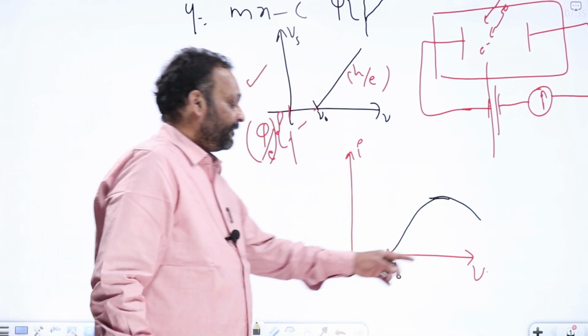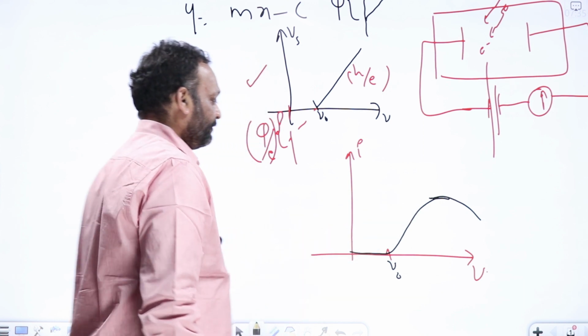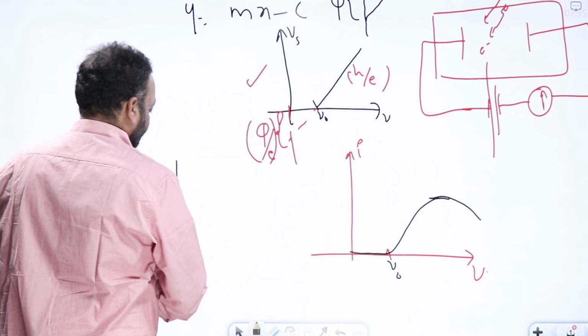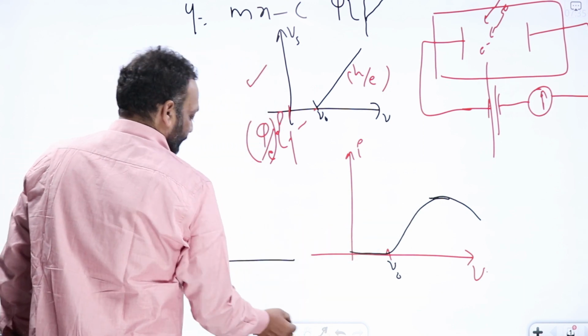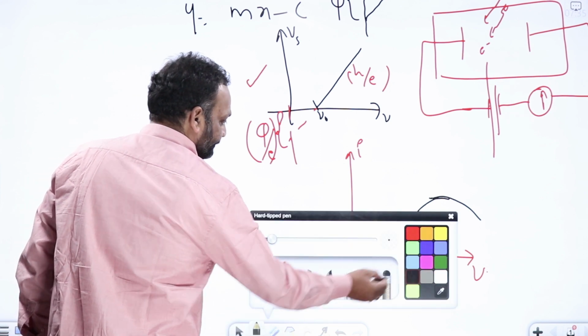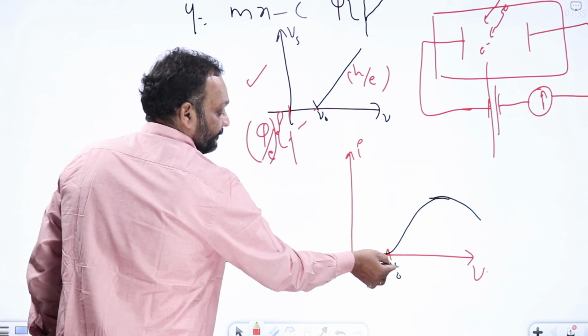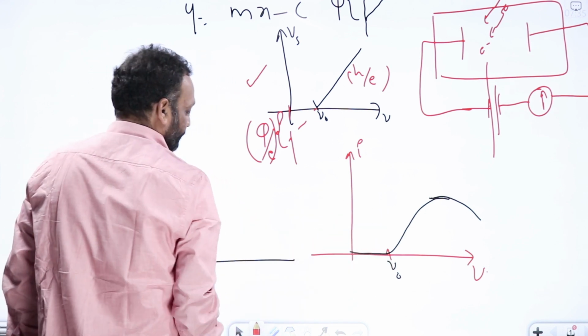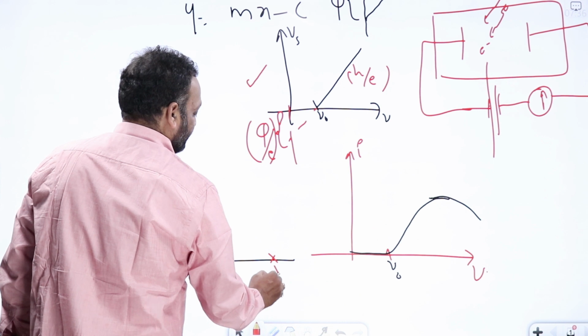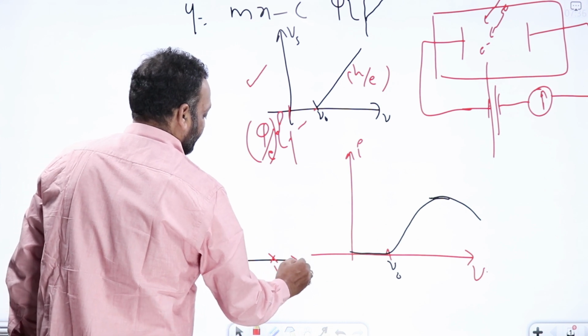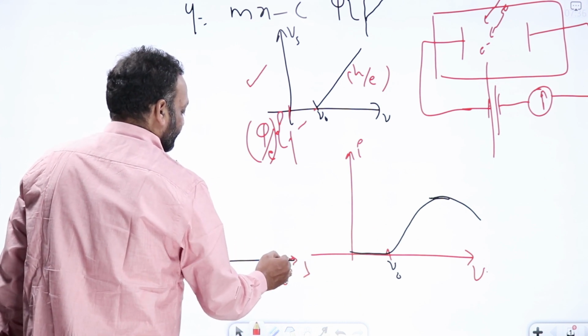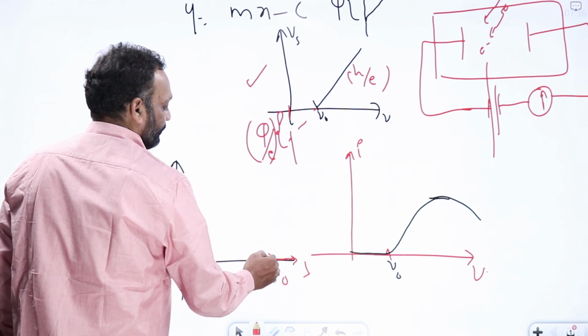So if I draw it with frequency, we'll get a graph like this. If I draw it with wavelength, the graph will be like this. The minimum frequency is the threshold frequency, whereas in terms of wavelength it is the maximum wavelength. So when I take the graph with lambda, for lambda equal to lambda naught there is no photoelectric effect.